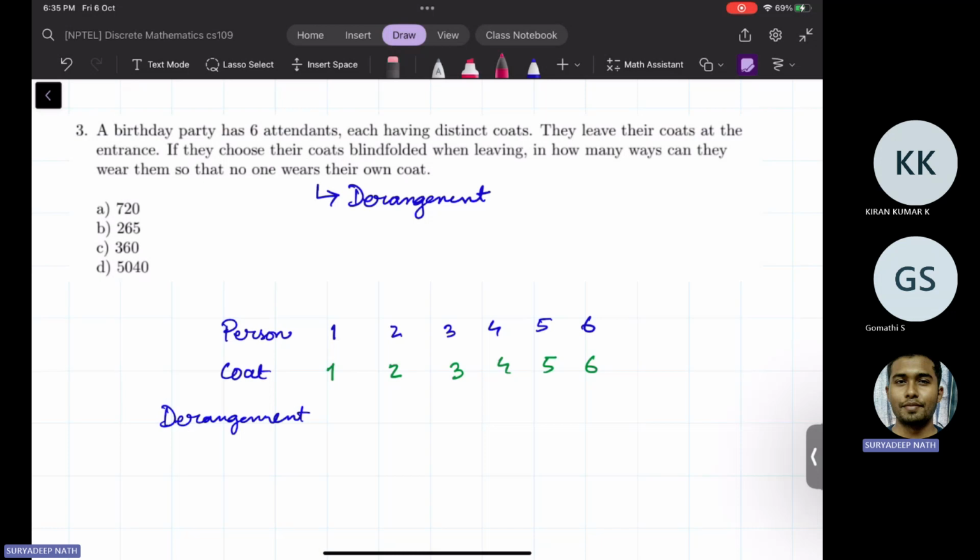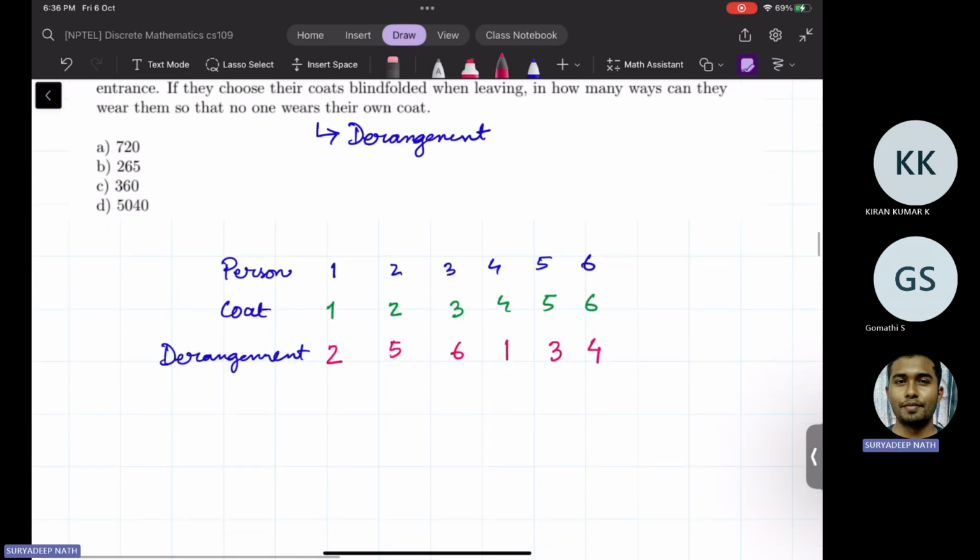So let's say one is wearing two, two is wearing five, three is wearing six, four is wearing one, five is wearing three, and six is wearing four. So this is a derangement. We have six persons and six coats. What is the total number of permutations? Can anyone say what is the total number of permutations of six coats?